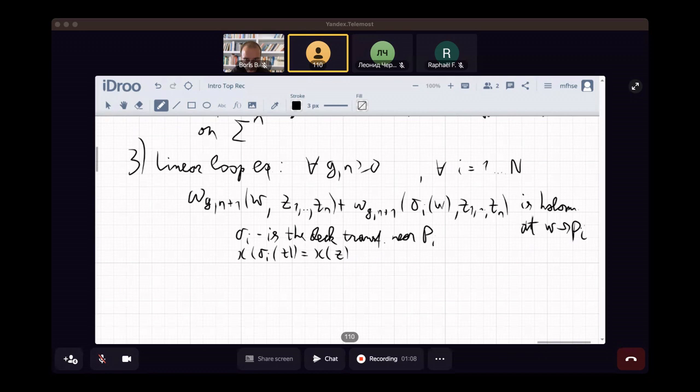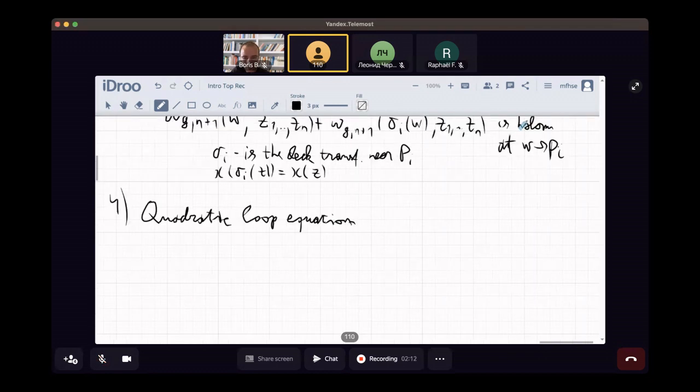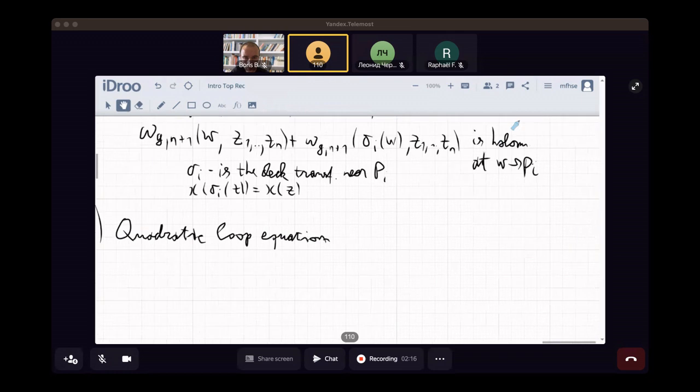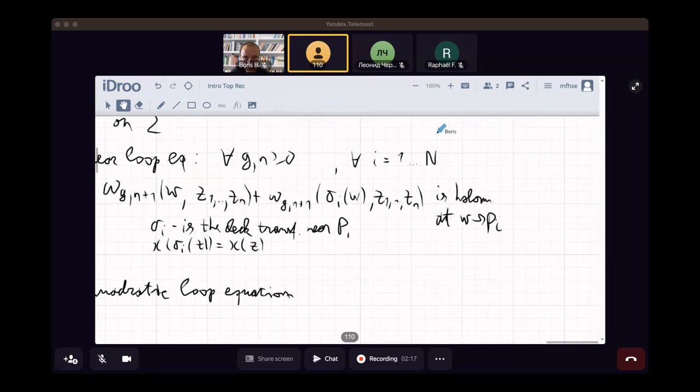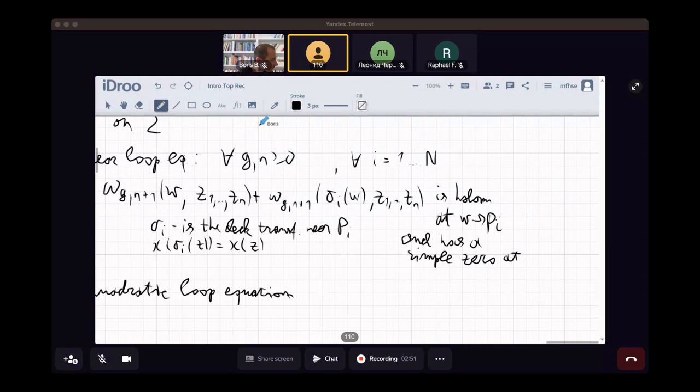Sorry, in this formulation, I forgot to add: this omega is holomorphic and also should have a simple 0 at this point.